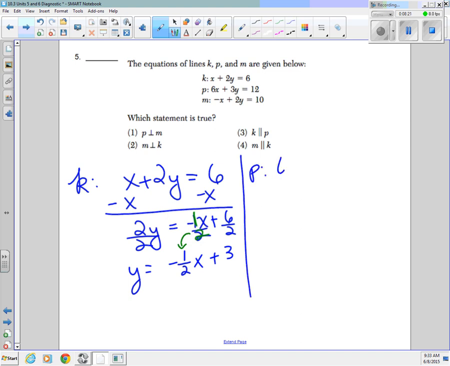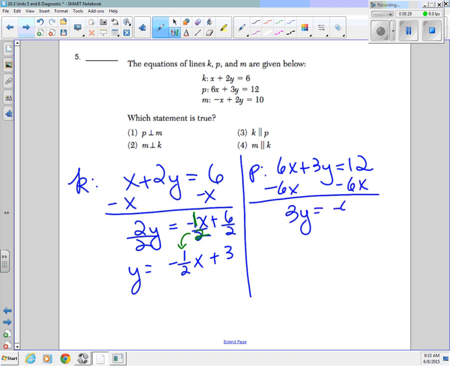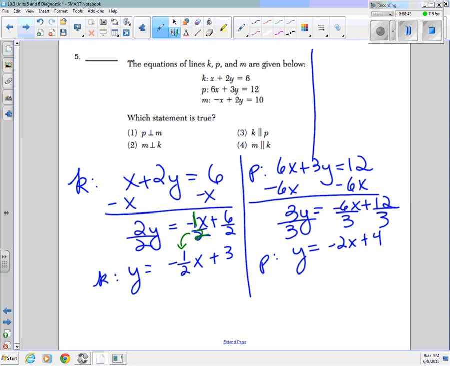P. I have 6x plus 3y equals 12. If I subtract 6x from both sides, I get 3y equals negative 6x plus 12. Divide by 3. And I got y equals negative 2x plus 4. So that's P. This was K. And now we just have to get M, which I'll do up here.